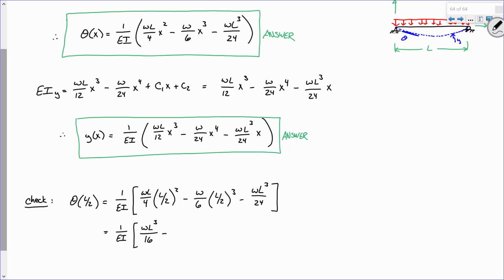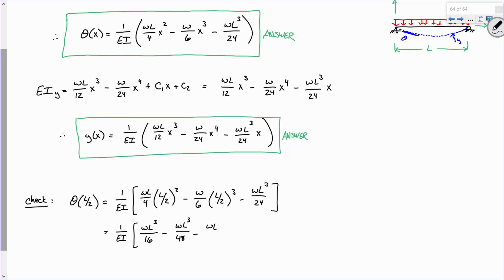Minus W over 6 times L over 2 to the third. Now let's start off with the L over 2. What's L over 2 to the third? Here we go. L cubed over 8. Now I saw you sort of do it like WL cubed over 8, but there's a 6 there as well. So what do I do?